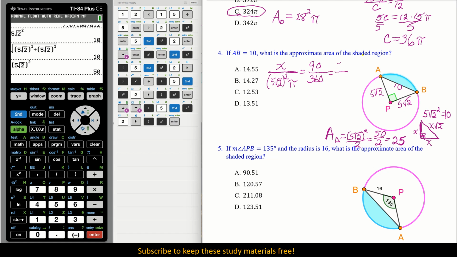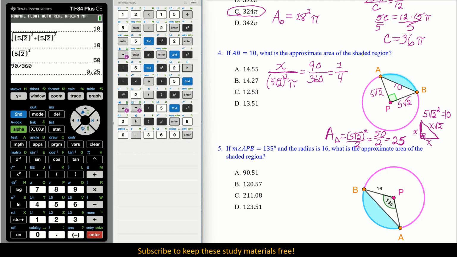I know that that is 1/4. If you're not sure about that, you can take 90 divided by 360 and then math, enter, enter, and you get 1/4. So that is correct.